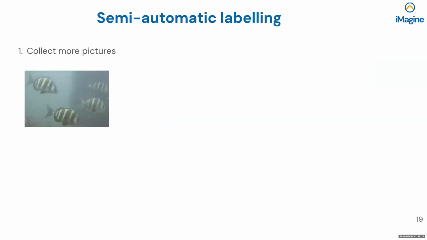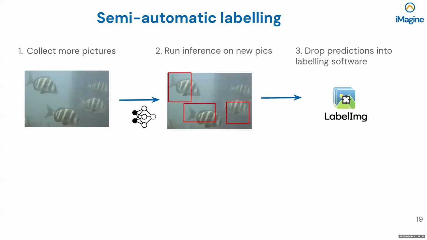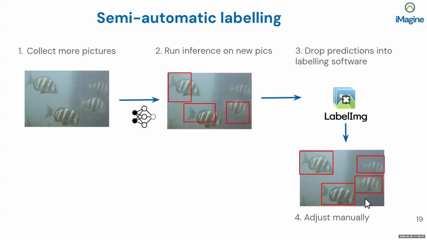To improve, once you have a first model, you can use semi-automatic labeling. This means that instead of labeling all the images manually, which takes a lot of time, you can use a trained model to give you predictions on new pictures. Then you can drag and drop these pictures into your labeling software and manually adjust them to be sure that they are 100% correct.